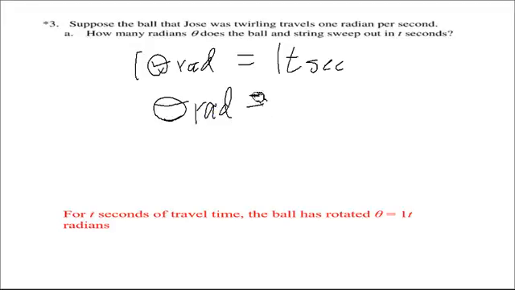To say theta radians is equivalent to 1 t second, or we could just say if there's 1 radian for every t seconds, since there's 1 of each unit, we could just say that theta is equal to t.